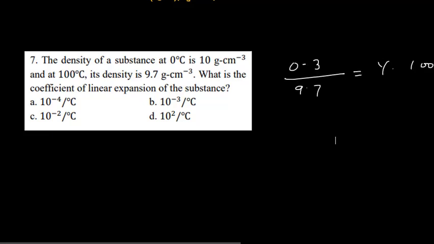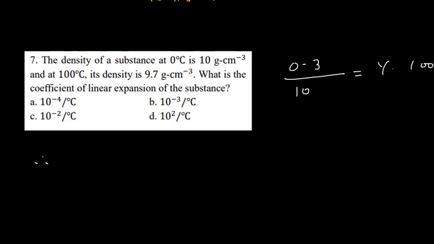So there is a decrease of 0.3. 0.3 upon the original, which was 10, is equal to gamma into the change in temperature of 100.